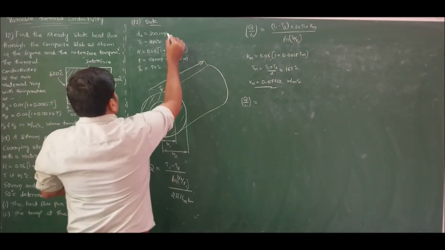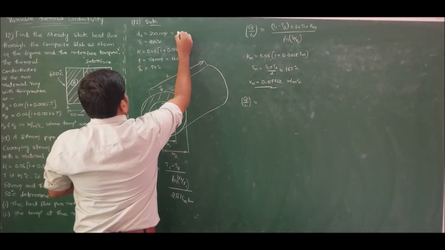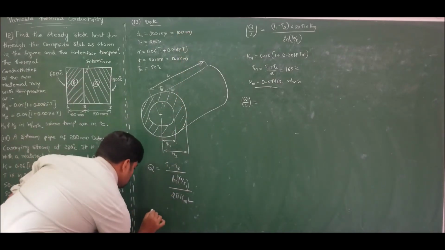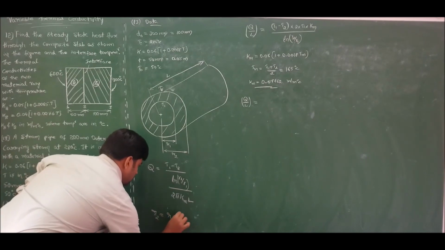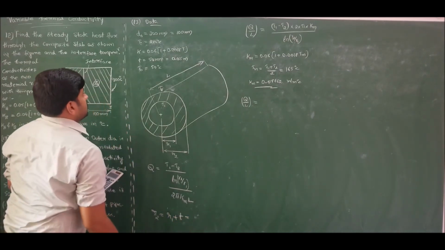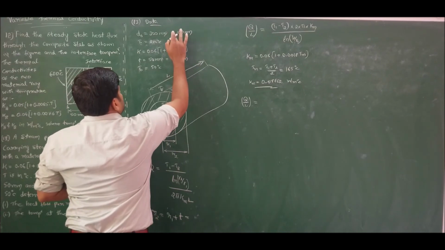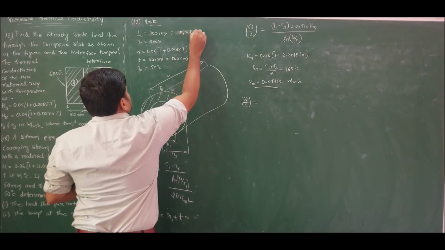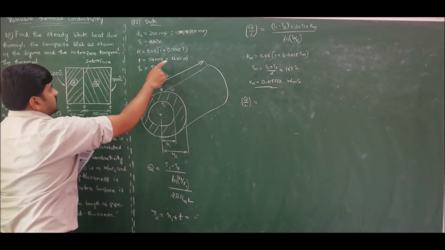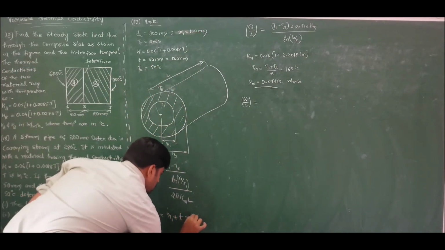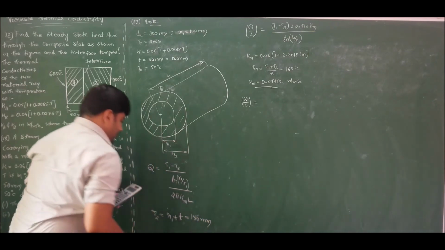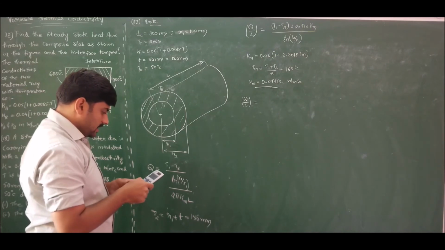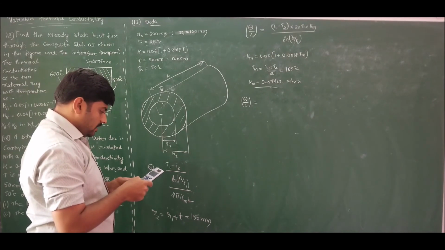So we have R1 as 100 mm and R2 is equal to R1 plus thickness, that is 100 mm plus 50 mm, which is 150 mm. Since it is a ratio, I can substitute both in millimeters itself. It is 150 by 100.